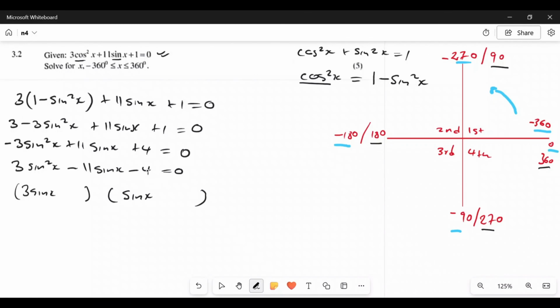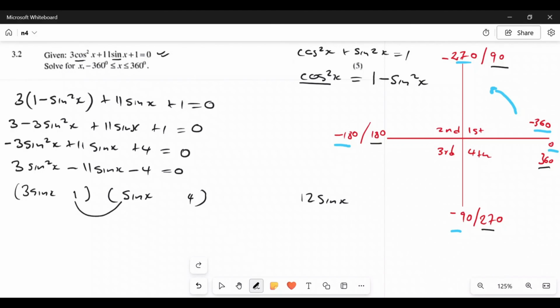We need to find the factors of 4 and insert them in these brackets so that when they subtract, they're going to give you this 11 here in the middle. So let's try it. Now, if we put 1 and 4 there, let's see if this is going to help us, because we know that if we say 3 sine x multiplied by 4, it's going to give us 12 sine x.